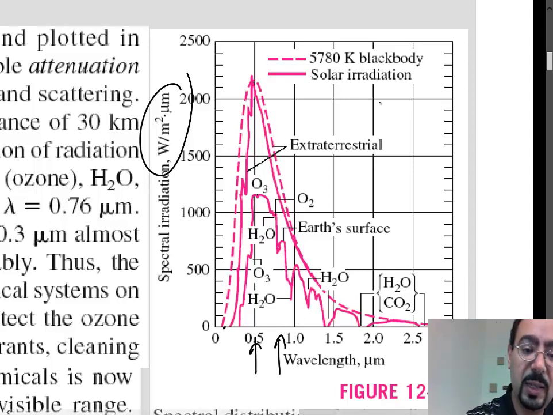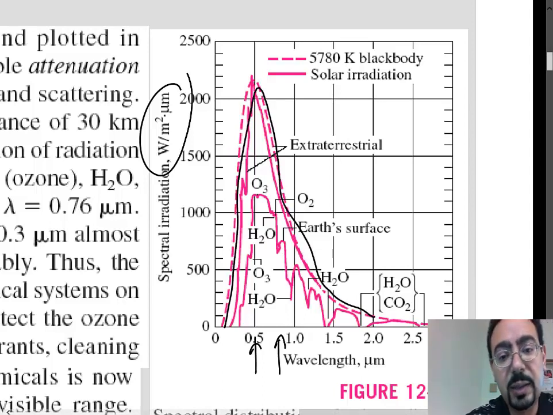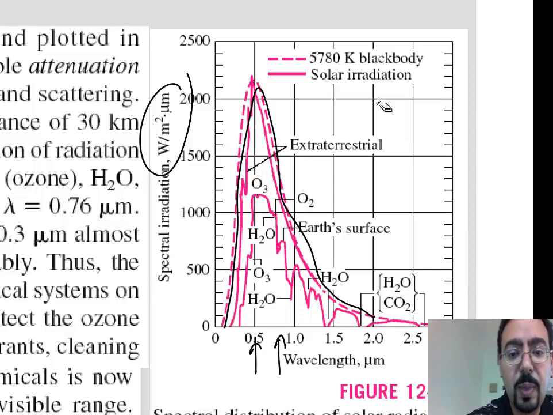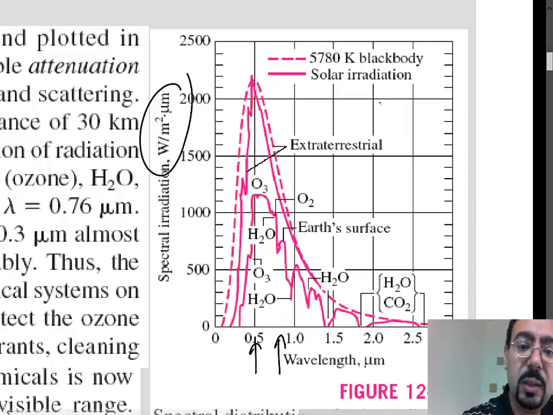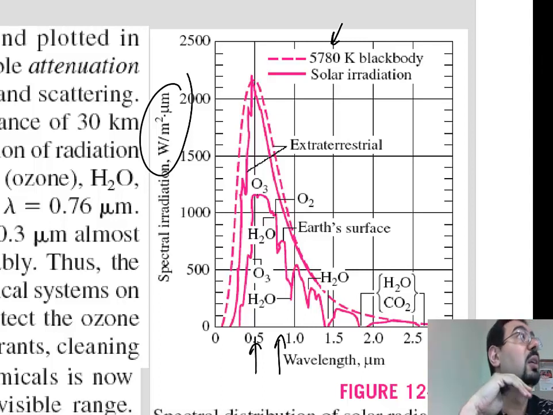The sun is basically this over here, the dark line that's here, that's solar radiation. And on top of it, that dashed line is a black body radiation at 5,760 Kelvin. A black body is basically the perfect emitter. If you put any body at this temperature, nothing radiates more than the black body.